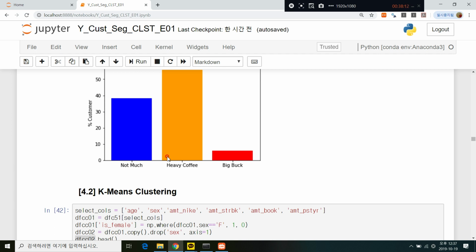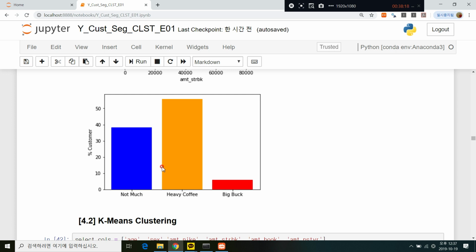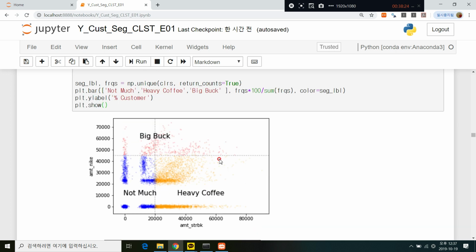Last time we found these three unit groups. Let's go back to here. Don't you think this is important and meaningful? It's clear. You discovered the important clusters of customers.